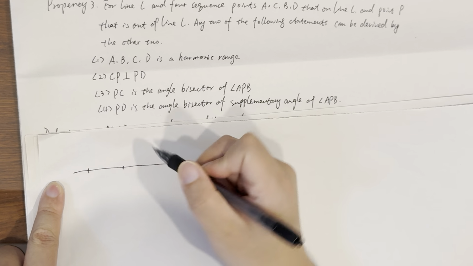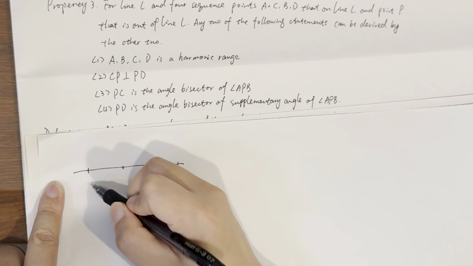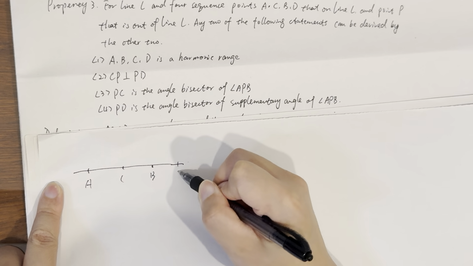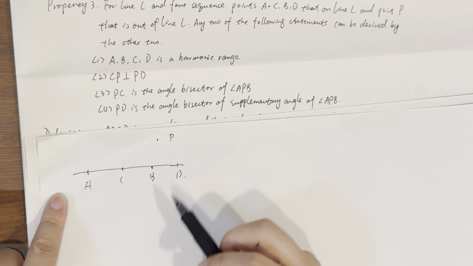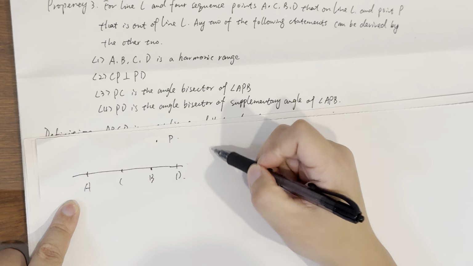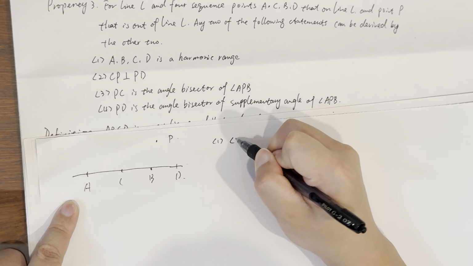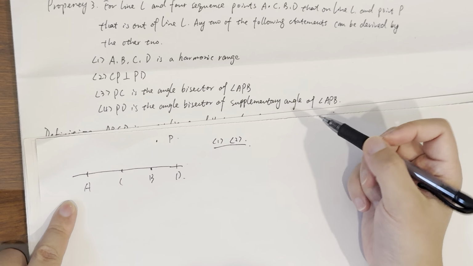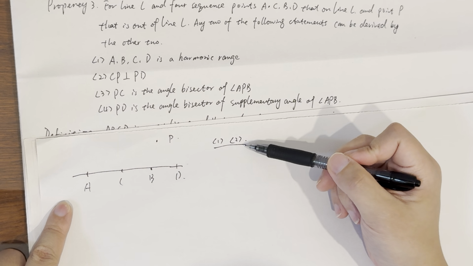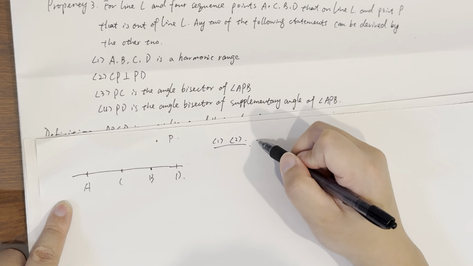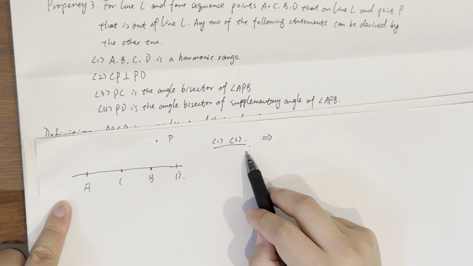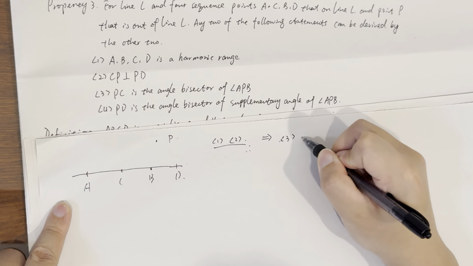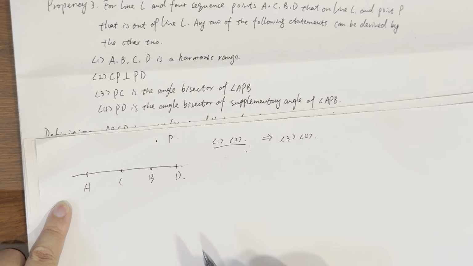We have A, C, B, D in sequence, right? P is a point out of it. So let's say the first and second conditions are true, right? If these are valid, we want to prove that the third and fourth can be derived from these 2, right?